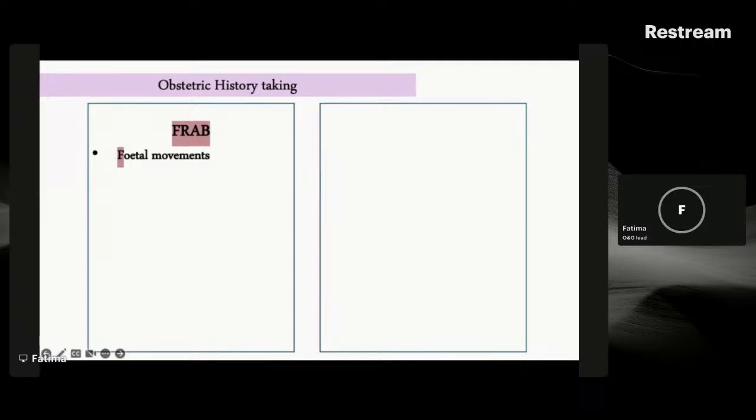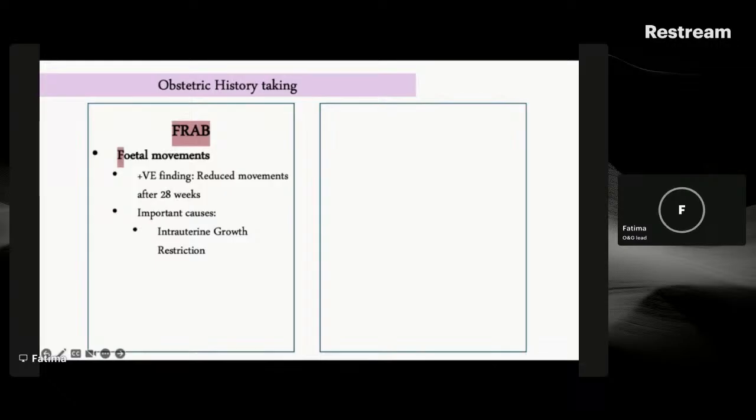So the FRAB screen, as we said, starts off with fetal movements. The lady might say, I'm feeling reduced movements. A positive finding would be reduced movements after 28 weeks. It changes between each mother and baby in terms of how many movements there are and how frequent they are, but generally from around 18 to 24 weeks, movements should have started happening.